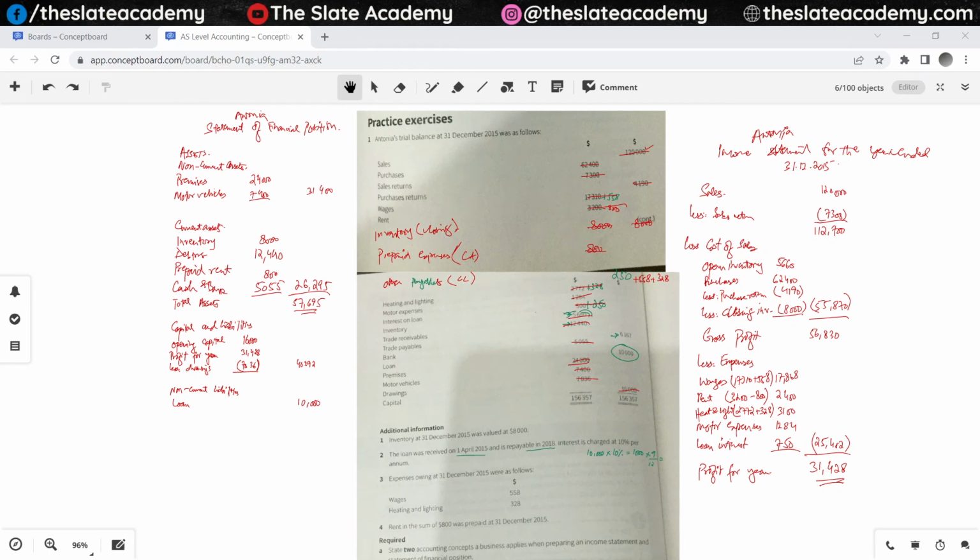So loan 10,000 done. There are trade payables of 6167, and then these accrued liabilities, accrued expenses. So then I write current liabilities. So this would be trade payables.